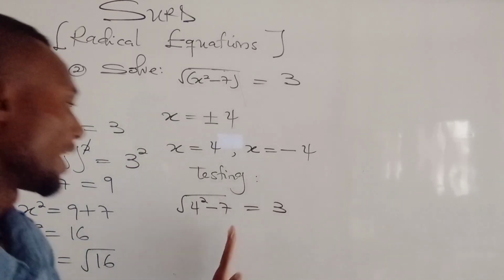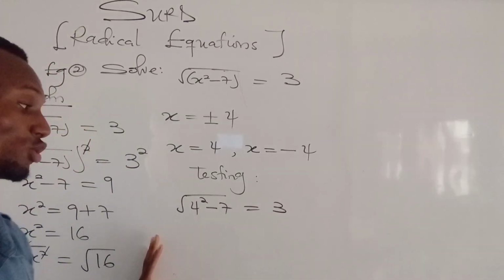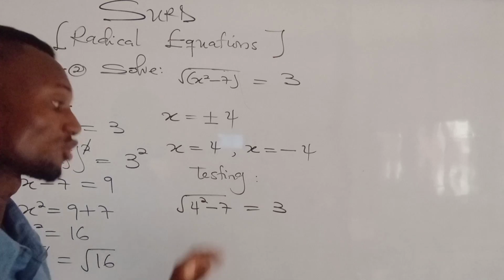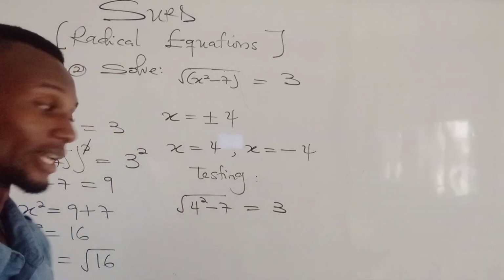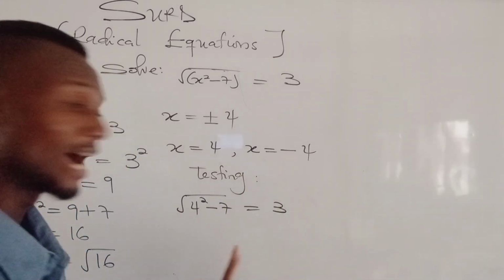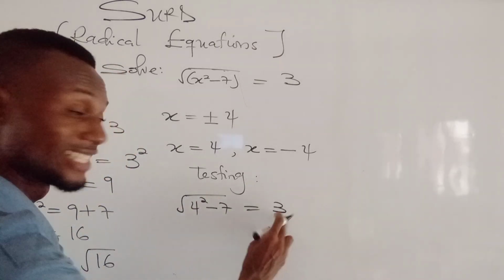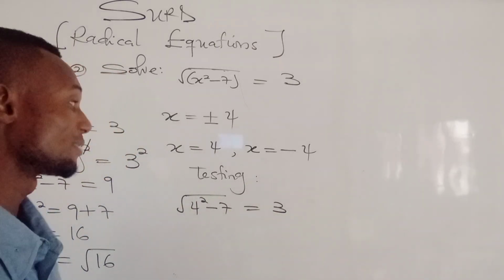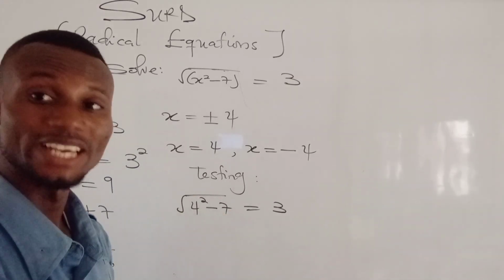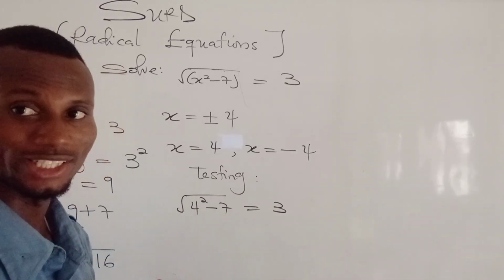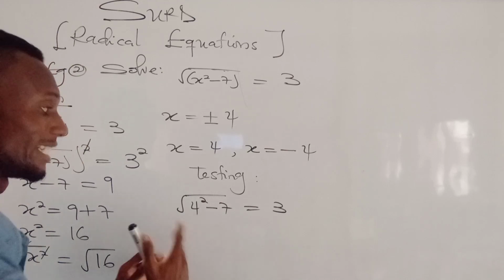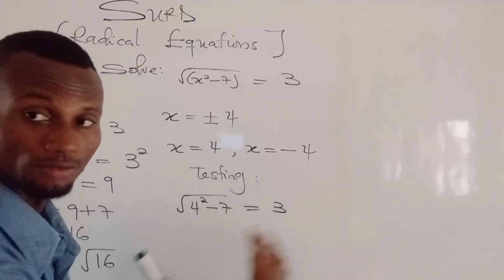The left hand side should give us a value which is equal to the right hand side. If we get a value at the left hand side which is not equal to the value at the right hand side, which is the 3, it means s is equal to 4 is not a solution to the equation. We are supposed to get the same value at both sides of the equation.